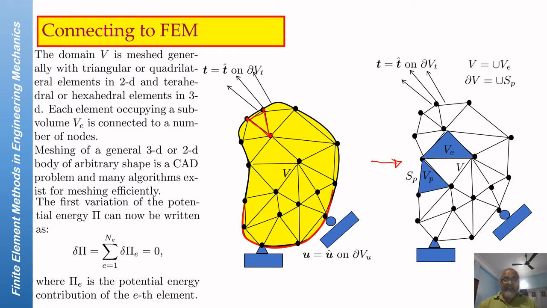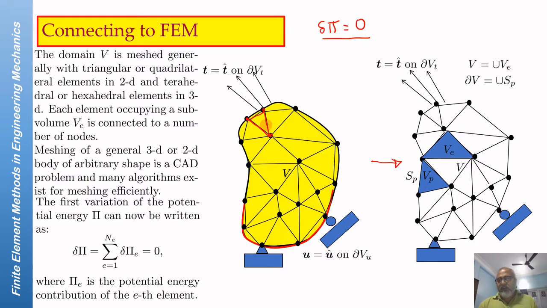Now, the basic idea of dividing things into elements is imposing this constraint. Remember, our body has to be in a state of energy minimum, and that's the equilibrium state, and we have to find the u that minimizes the energy, which means that we have to satisfy this equation where pi is the potential energy of the body.